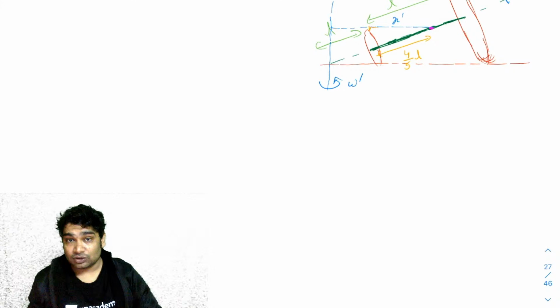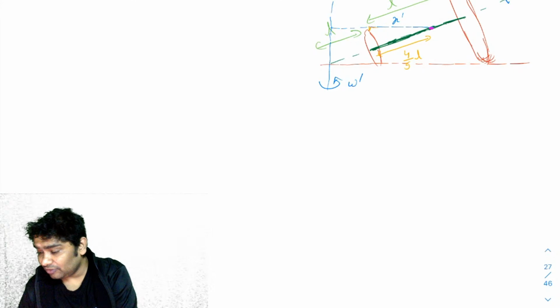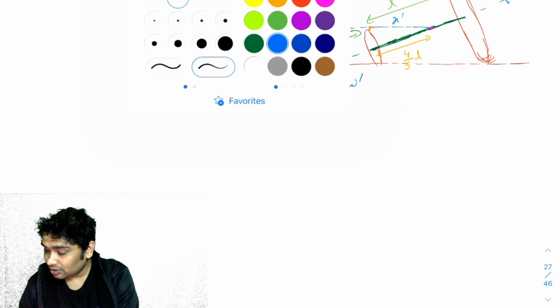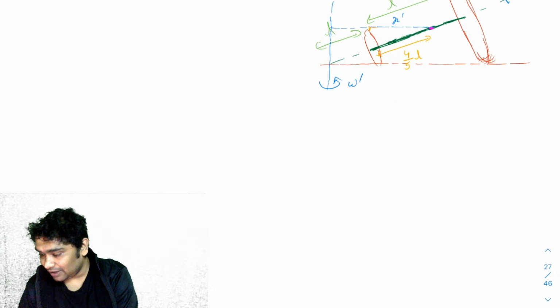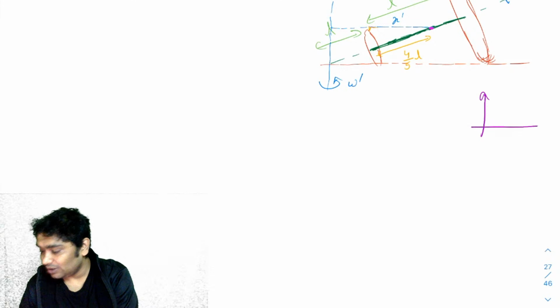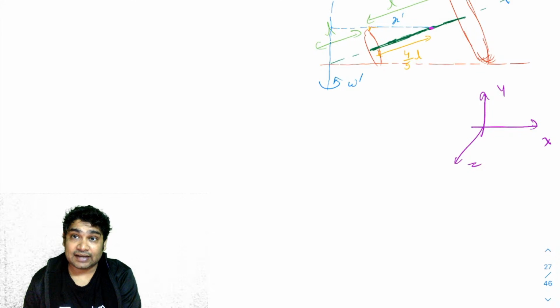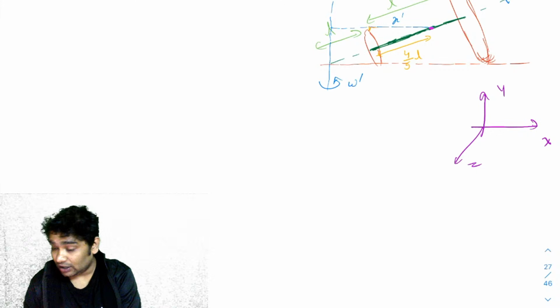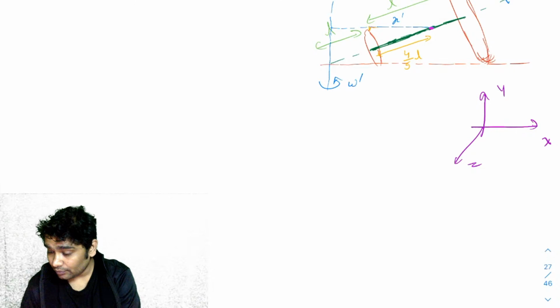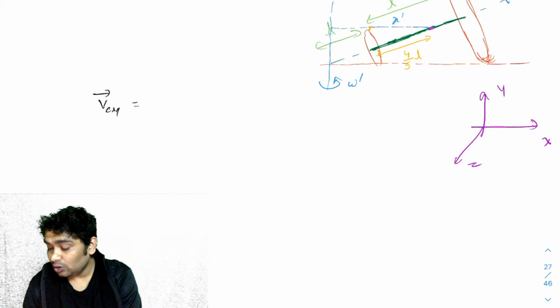In that direction. So let's draw ourselves some axes, because for angular momentum I need my coordinate system. So let's imagine this is y, this is x, and this is z. Now, can I say that the instantaneous velocity of the center of mass, VCM vector, would be omega dash x dash times minus k cap?